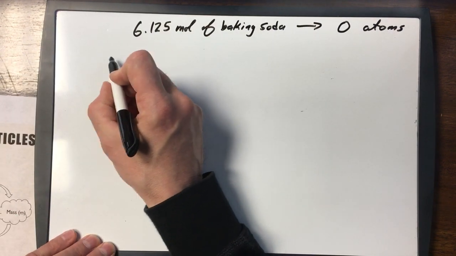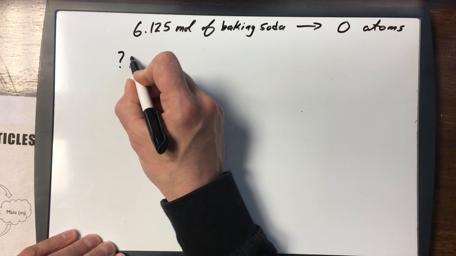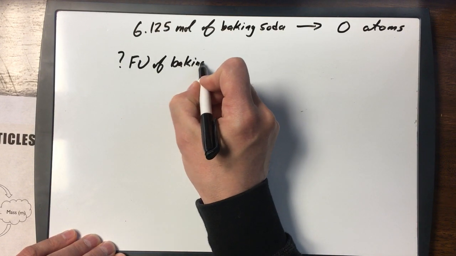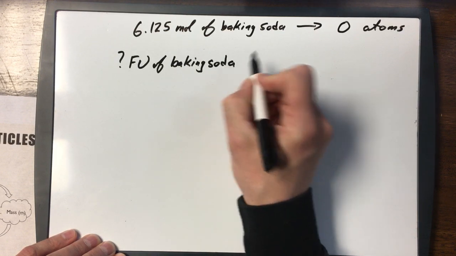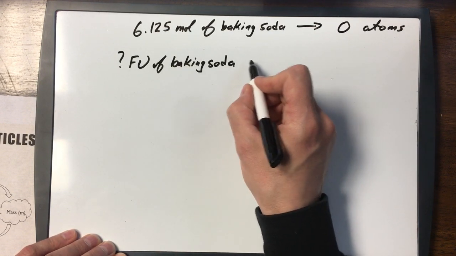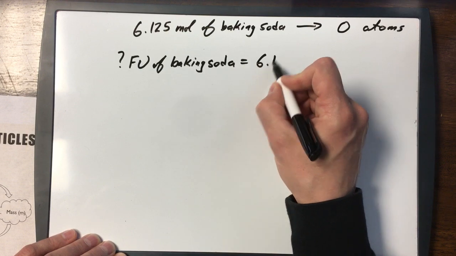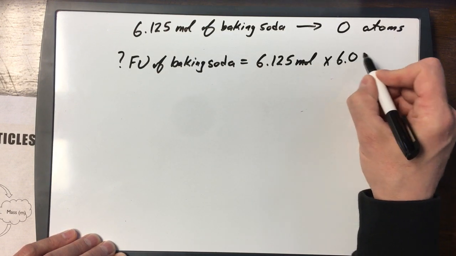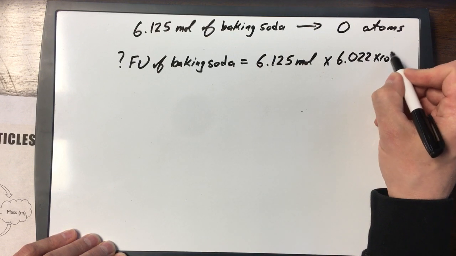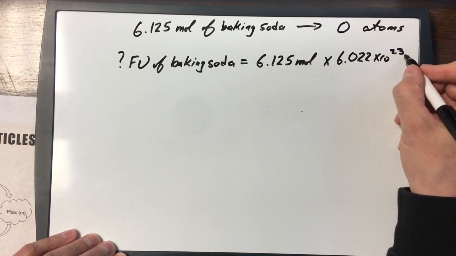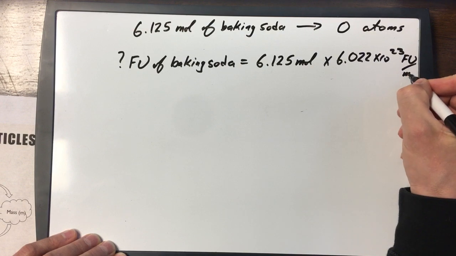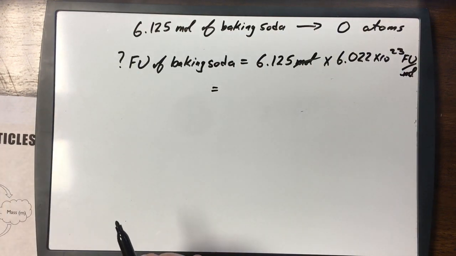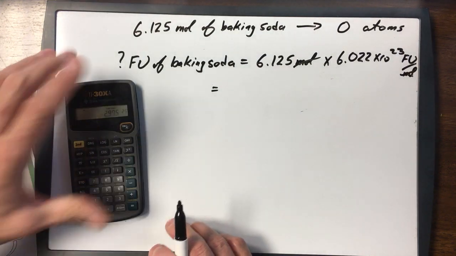So in order to get question mark formula units of baking soda, and I know it's a formula unit because baking soda is an ionic compound, we're going to take the 6.125 moles and we're going to multiply by 6.022 times 10 to the power of 23 formula units per mole. Moles cancel, and we're going to be left with the number of formula units.